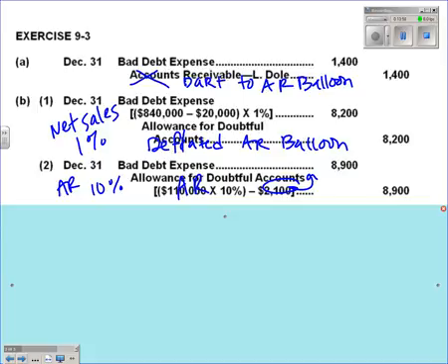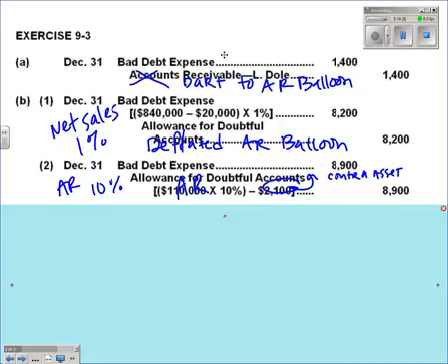Right, and remember, an allowance for doubtful is a contra asset. So we have to subtract off what's already there to figure out what the end of the year balance is. Because it didn't say that there was a balance in number 1.